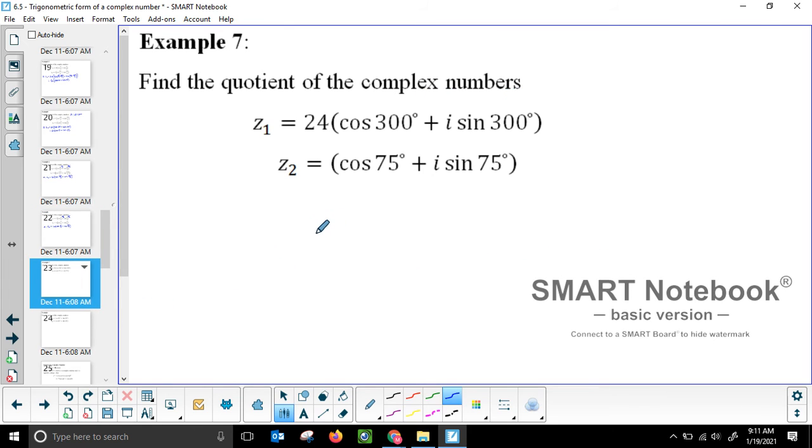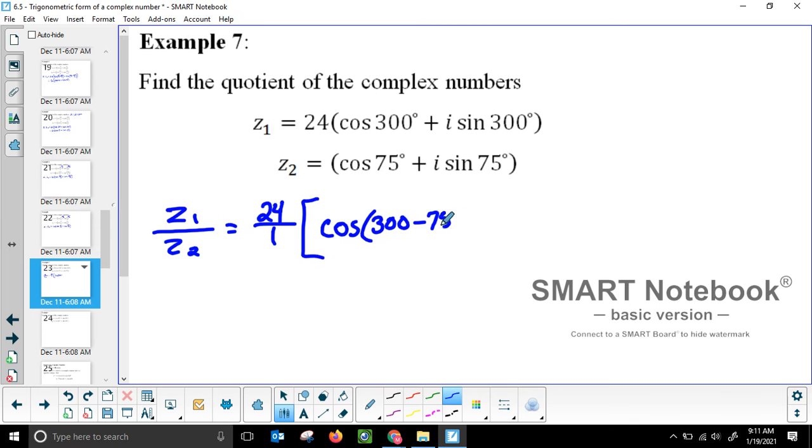Okay, so now we're going to do the quotient. We're going to be doing division. So remember, now we just divide the r's and we subtract the thetas. So z1 over z2 is going to be equal to 24 over 1, times cosine of 300 minus 75 plus i times sine of 300 minus 75.